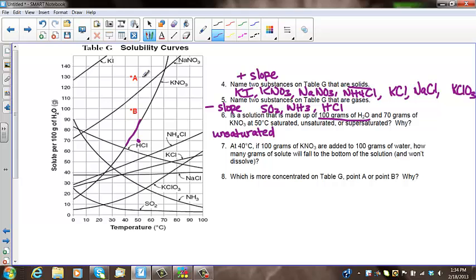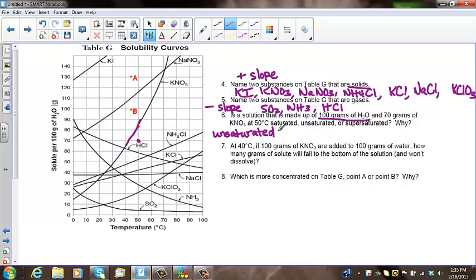And how do we know? Well, because if we were to continue up at 50 degrees to see where it does intersect KNO3, it intersects KNO3 right about there, which is probably about 84 grams.